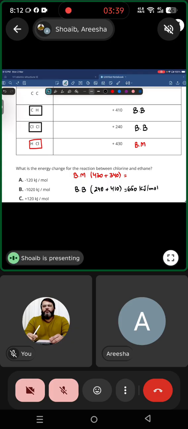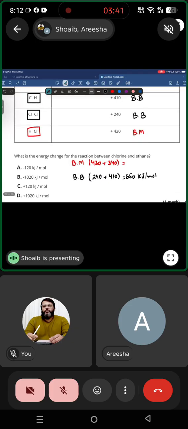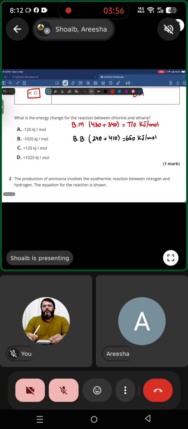Okay, then the bond making is 770 kilojoules per mole. Now the delta H. To calculate the delta H, we are going to use a formula.